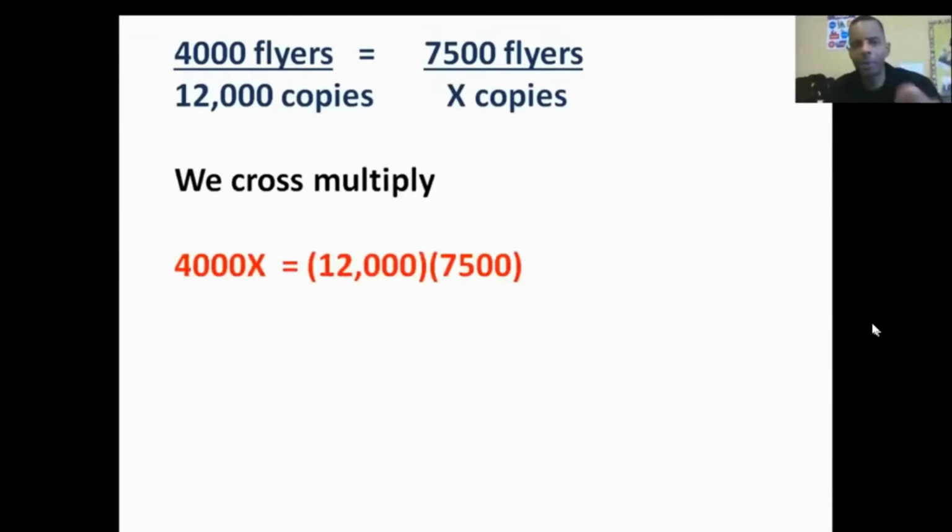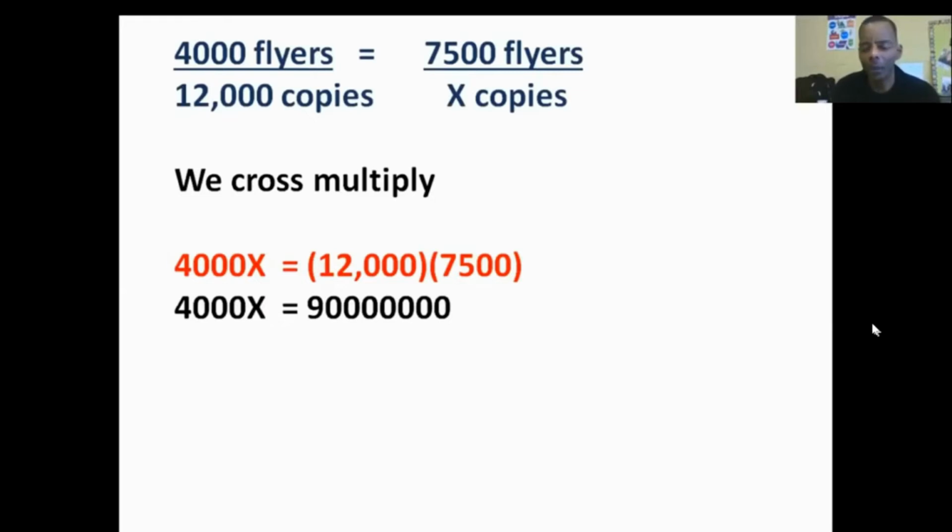When we cross multiply, we multiply 4,000 by X, we get 4,000X. We multiply 12,000 times 7,500, and we get an answer. You do it on your calculator or by hand, we get an answer of, that's a very big number, 90 million, I believe that is, 90 million. So now we want to get rid of the 4,000, okay?